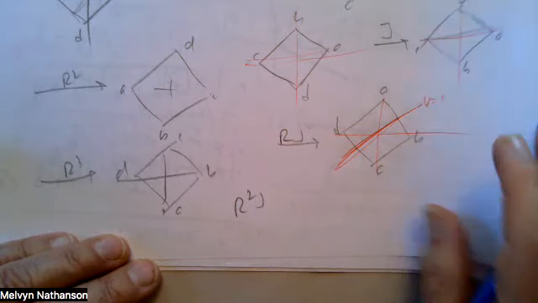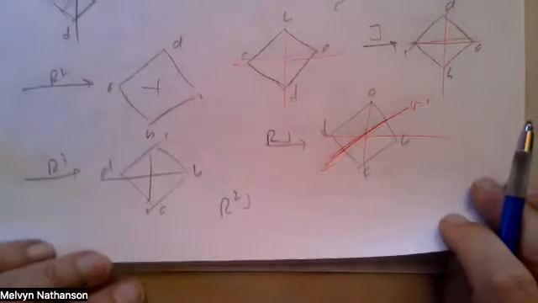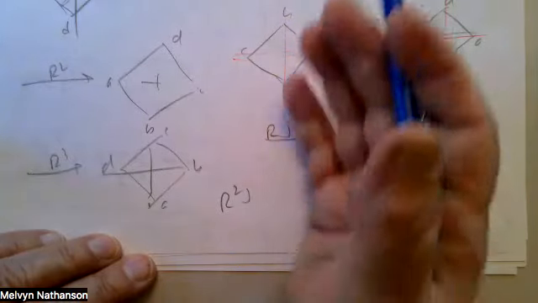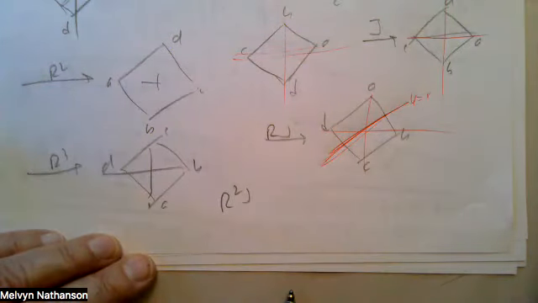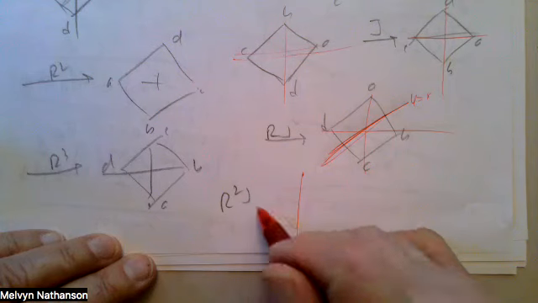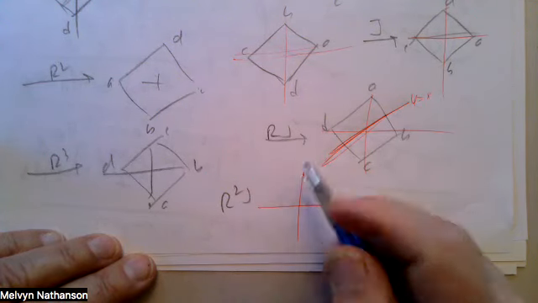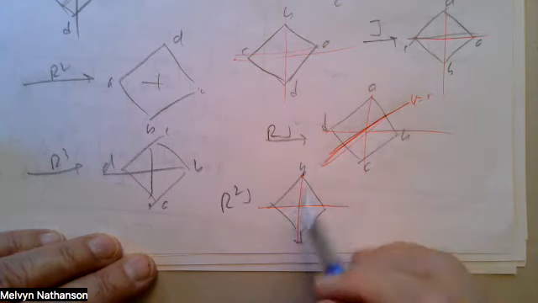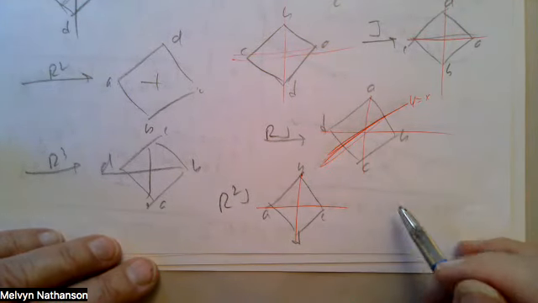R squared J is reflection through the y-axis. So if I take this square and I reflect it through the y-axis, B and D don't change, but A and C are interchanged.